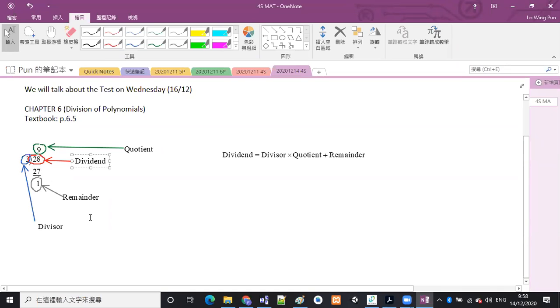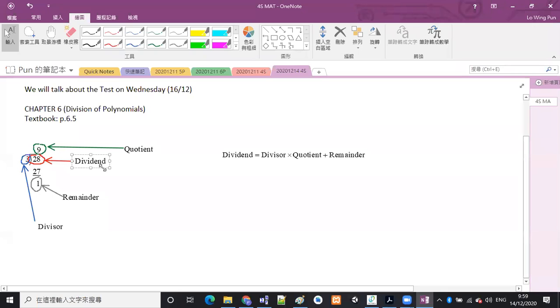Sometimes the remainder is equal to 0, but sometimes it is a number. In the secondary school version we may have a remainder with variables, or sometimes negative numbers.